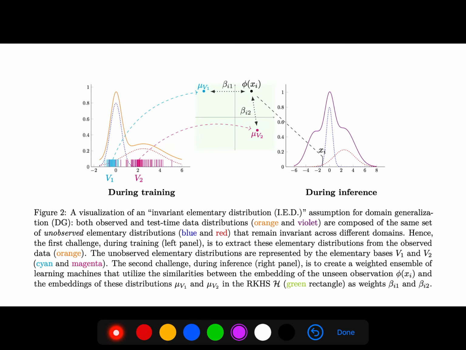So this is a visualization of invariant elementary distribution assumption for domain generalization. Both observed and test time distributions are composed of the same set of unobserved elementary distributions that remain invariant across different domains. Hence, the first challenge during training is to extract these elementary distributions from the observed data.